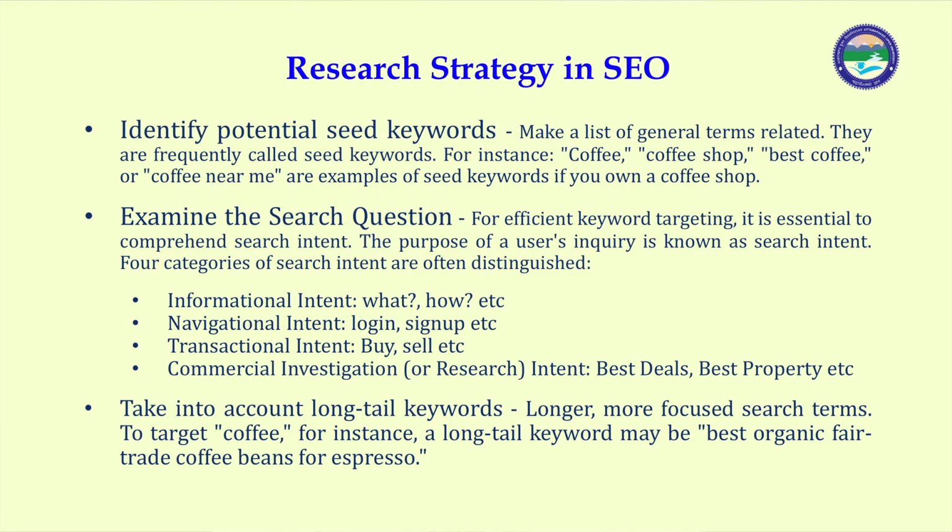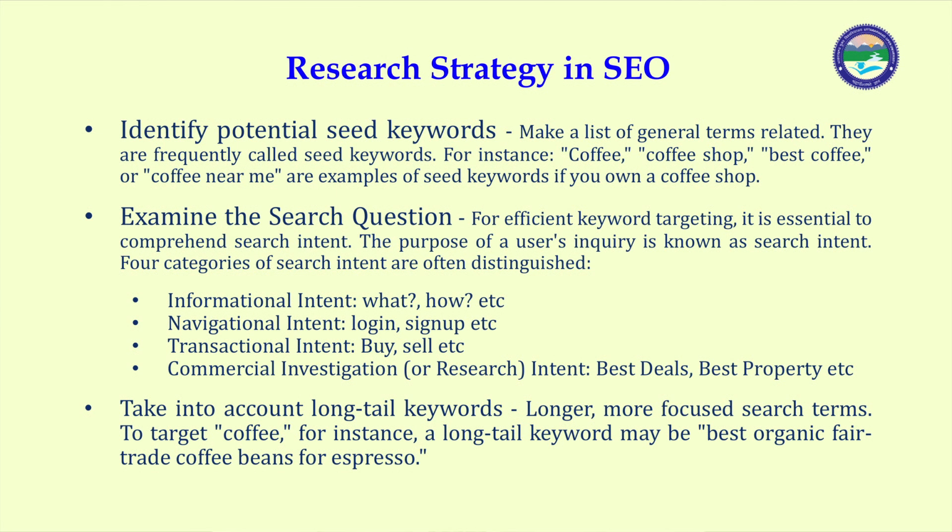Next is the research strategy in SEO. What are the research strategies we do while working with SEO? The first one is to identify potential seed keywords. As we have studied, keywords play a crucial role in SEO, so we have to make a list of general terms related to our business or website. They are frequently called seed keywords.